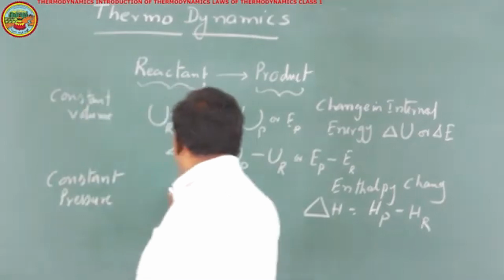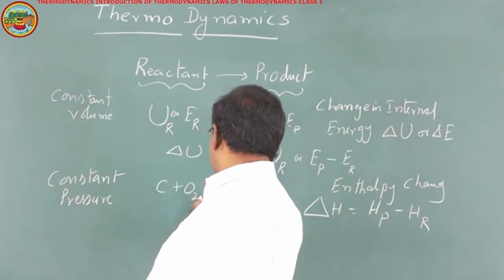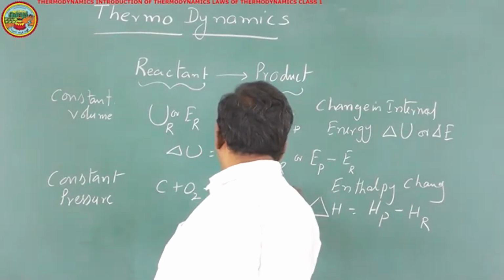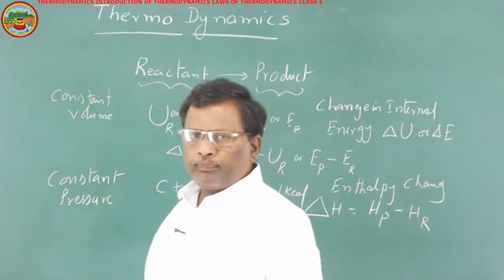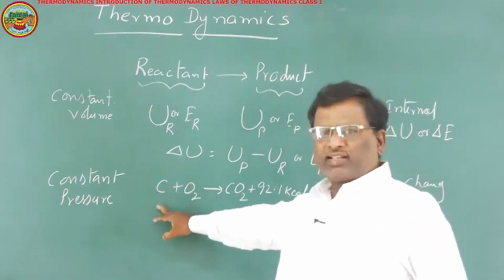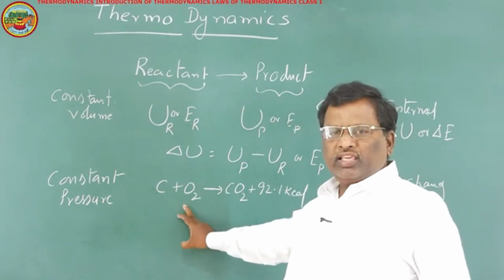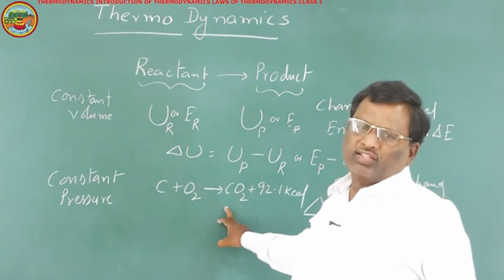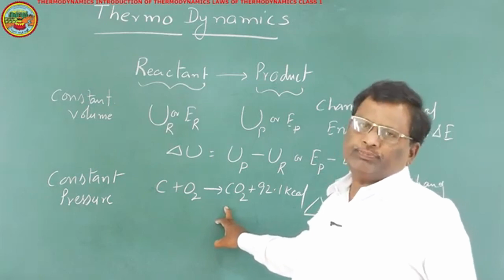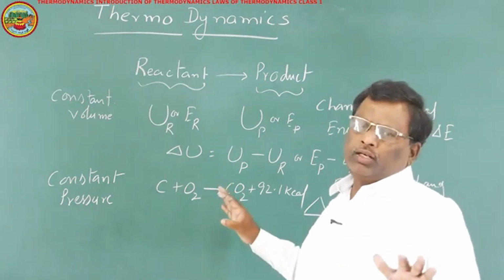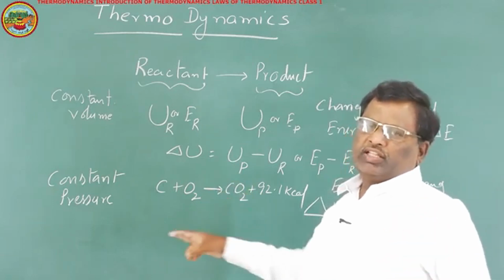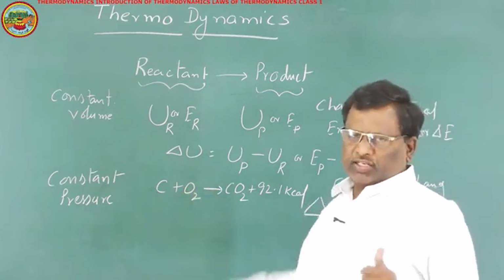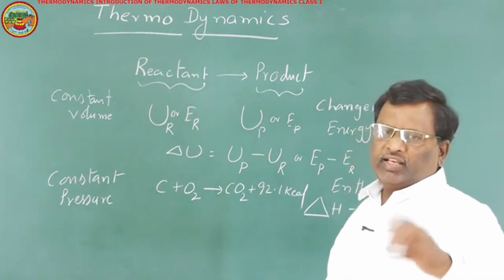For example, if we take carbon burned in the presence of oxygen, it will give us carbon dioxide and liberate 92.1 kilocalorie of energy per mole. Here, carbon has a certain amount of internal energy, oxygen will have a certain amount of internal energy, and carbon dioxide will also have a certain amount of internal energy or enthalpy. It is not possible to measure the internal energies or enthalpies of a particular substance in an isolated state.